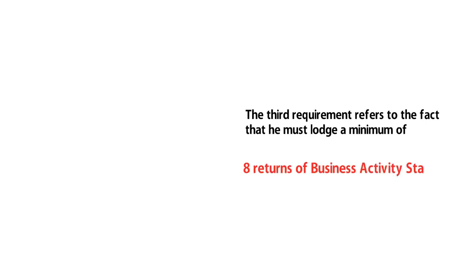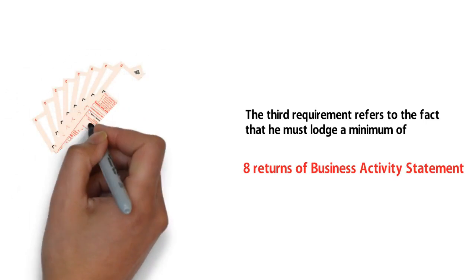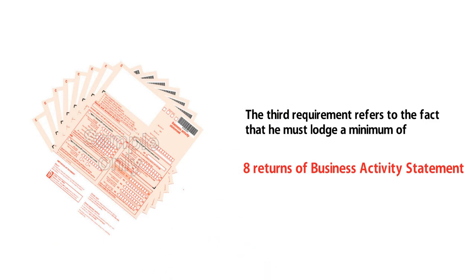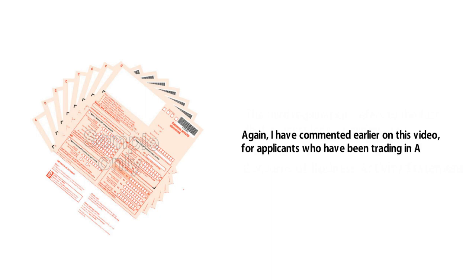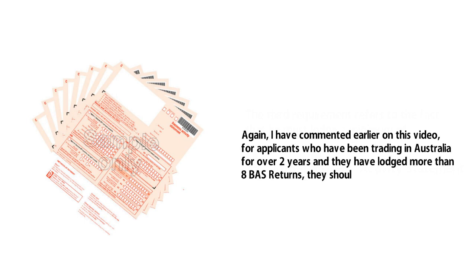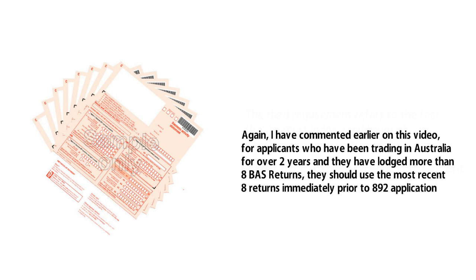The third requirement refers to the fact that he must lodge a minimum of 8 returns of business activity statement. Again, as I have commented earlier in this video, for applicants who have been trading in Australia for over 2 years and have lodged more than 8 BAS returns, they should use the most recent 8 returns immediately prior to the 892 application.